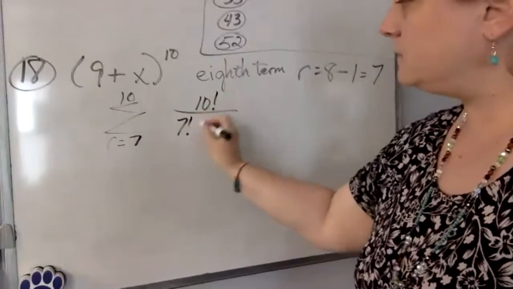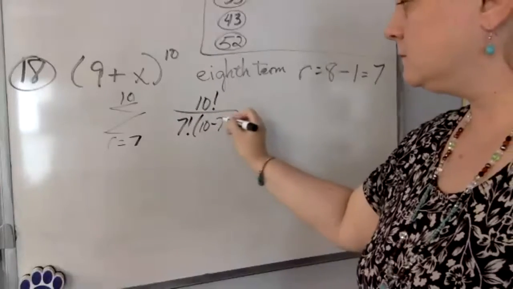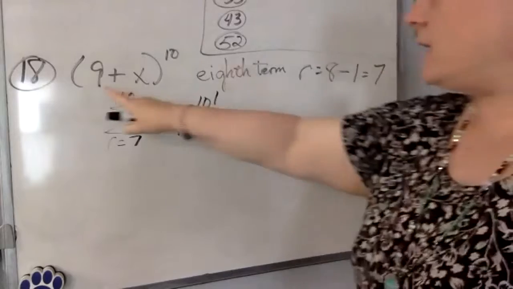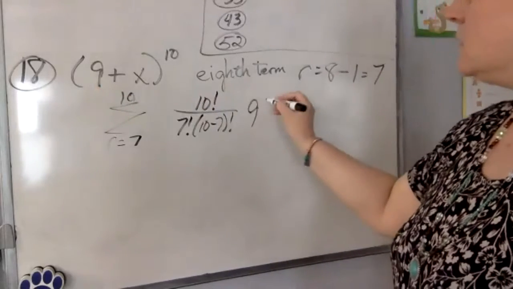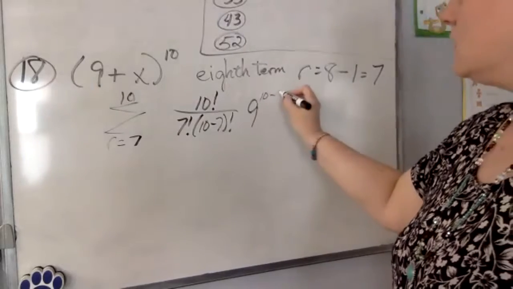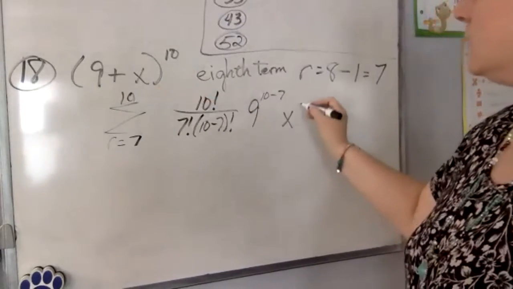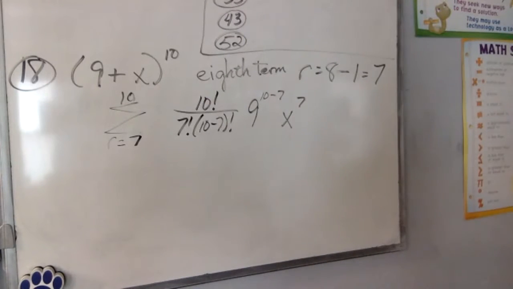R was 7. And then our A was 9 to the N minus R. And then our B was X to the R. And so all we have to do is simplify that one and then we're done. We don't have to do the whole big thing.